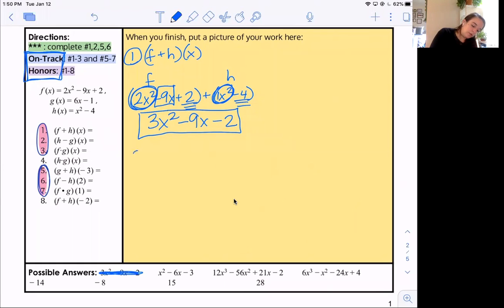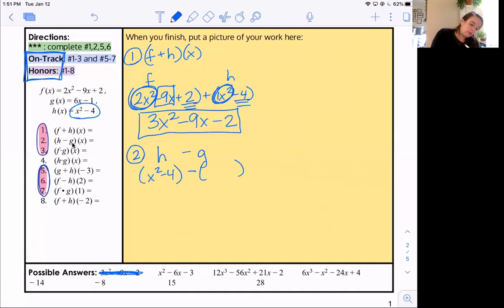All right, number 2. We have a subtraction, everyone's favorite, subtraction. So we have h minus g. So we're doing h minus g of x. So h is x squared minus 4. And then we have subtraction.